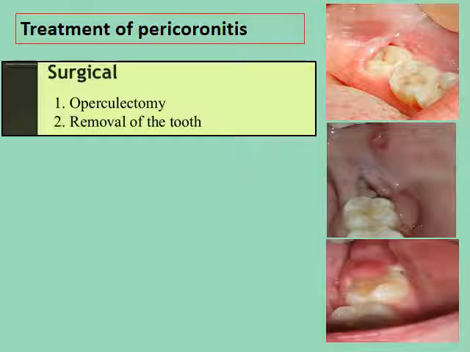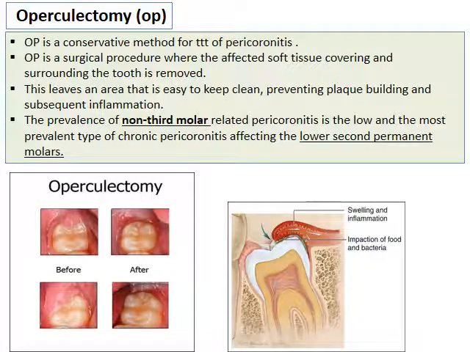So we have two types of operation for such a condition. Operculectomy is a conservative method for the treatment of pericoronitis, so it is considered conservative treatment.